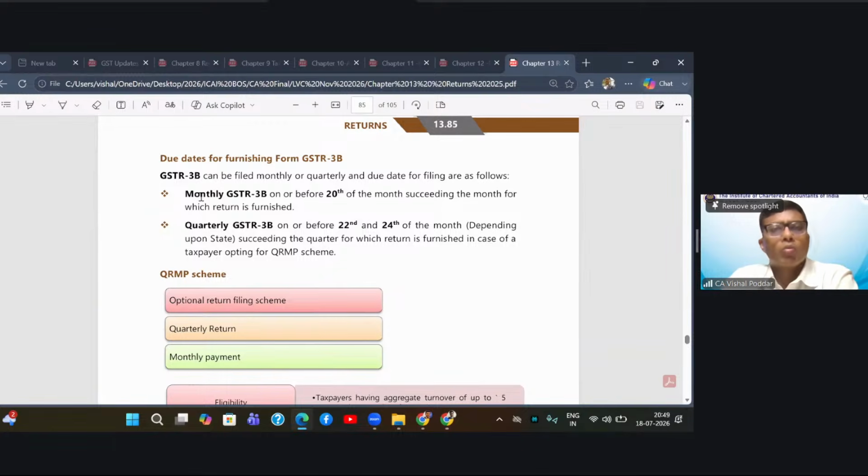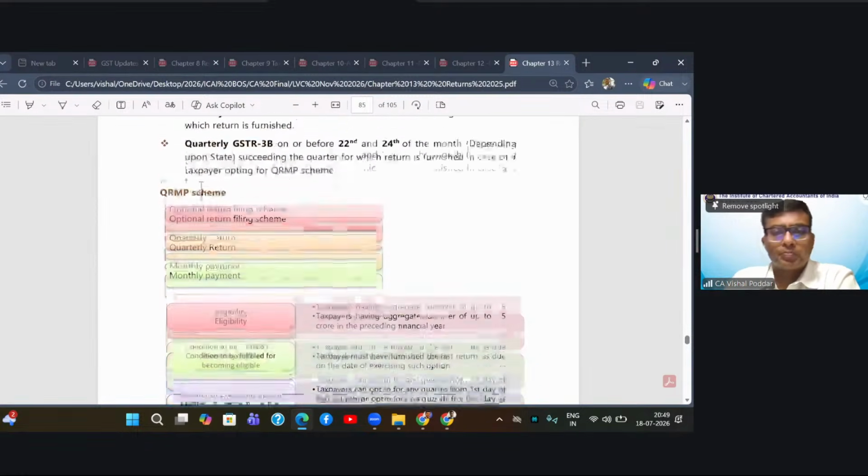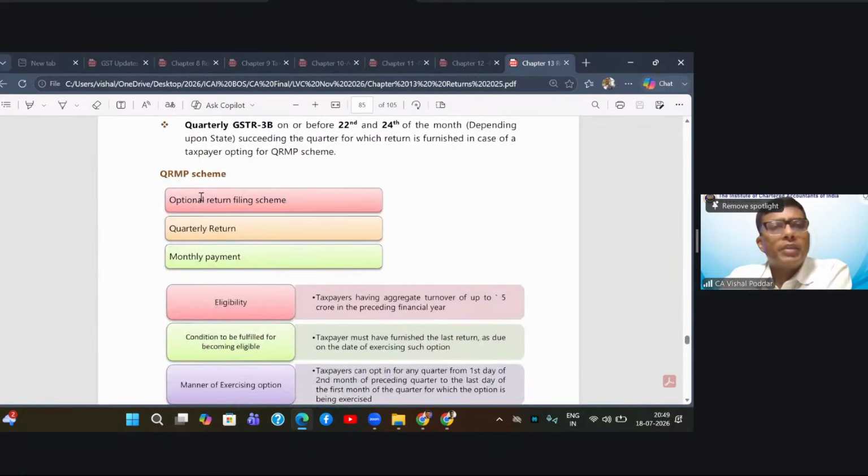But those who are quarterly filers, there are two different due dates. So for different states, different due dates are given. So some states have due date as 22nd of the month after the end of the quarter, and for remaining states it is 24th.